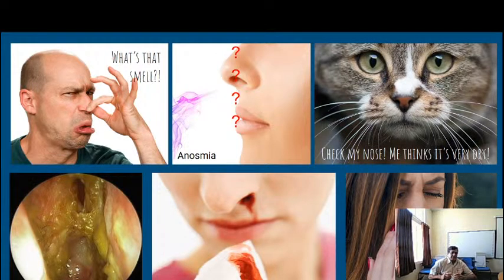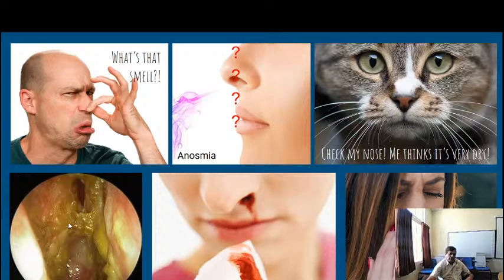They don't smell the bad smell, but people around them do, and they themselves have anosmia. They cannot smell, and they come with a complaint that everything is dry. My nasal cavity is very dry, and sometimes when you examine them or when they blow, there are nasal crusts, which obstruct the nasal cavity.